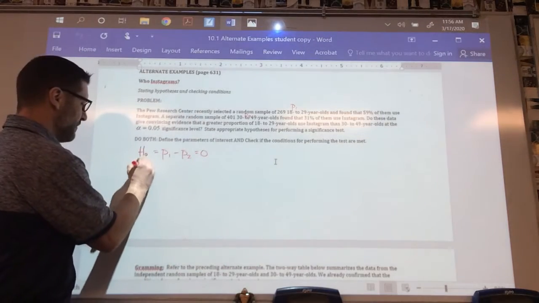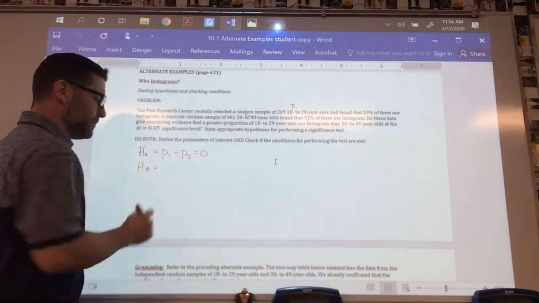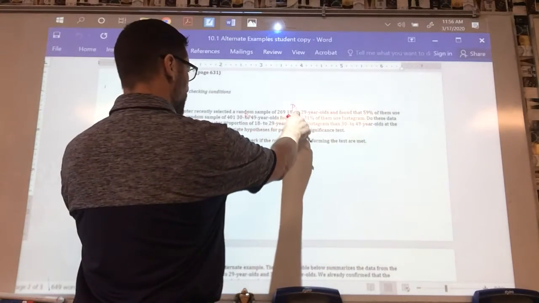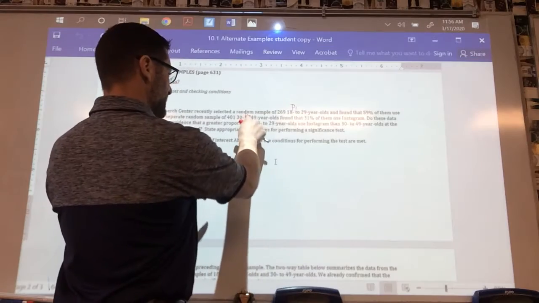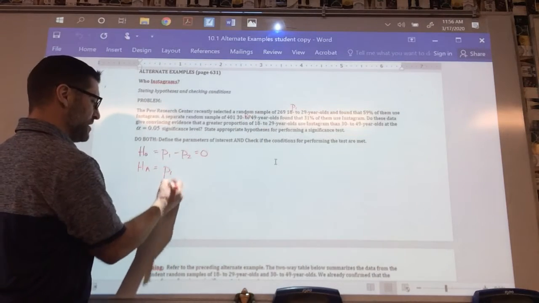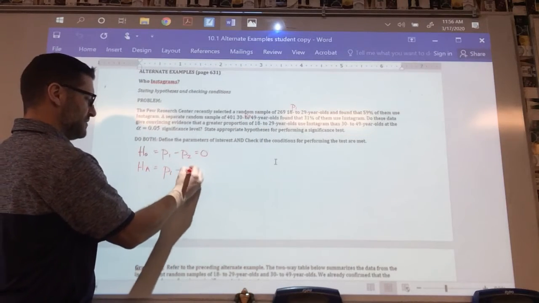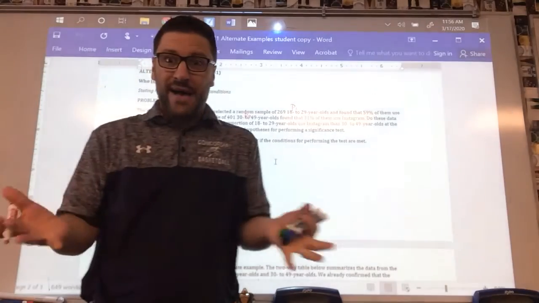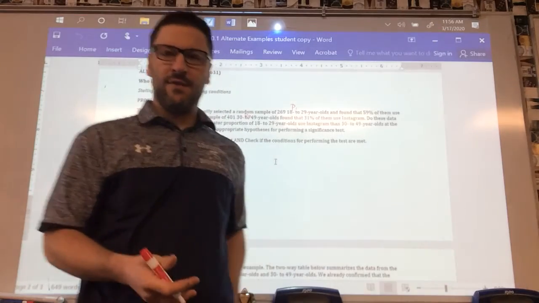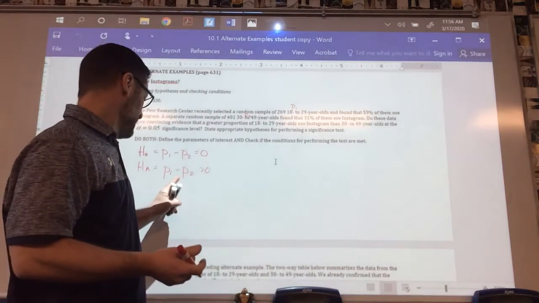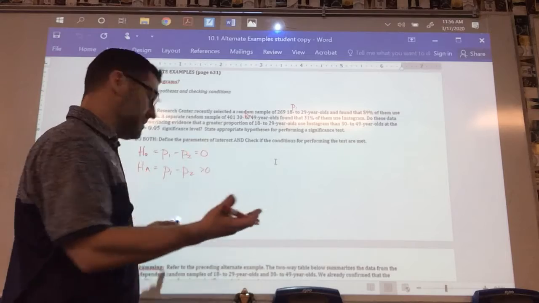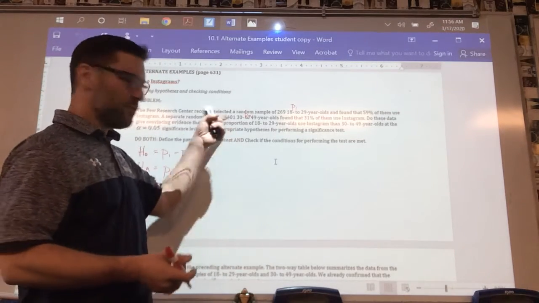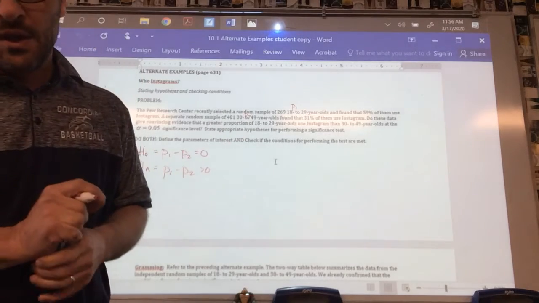And my alternative hypothesis, the one I'm checking for, is that if I subtract this proportion, which I think there are more of, minus this proportion, P1 minus P2 should be more than 0. I should have a positive number there. And if I have a positive number, I can be assured that the younger people use it more than the older people.